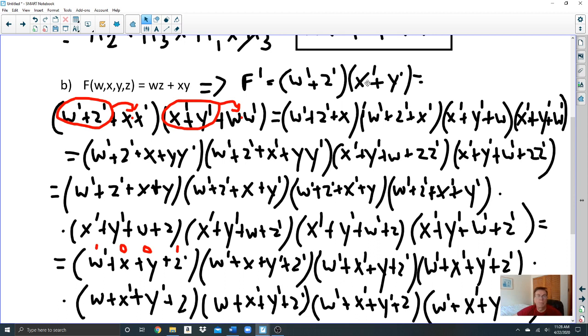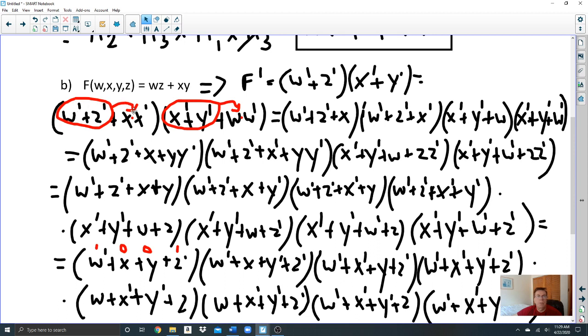One simple step. Now we're going to expand this. We need two variables here and we need two variables here. So we're expanding this. This parenthesis requires x. So we're adding 0 in the form of x times x prime. This one requires w. So for x prime plus y prime, as you see here, I'm going to add 0 in the form of w times w prime.